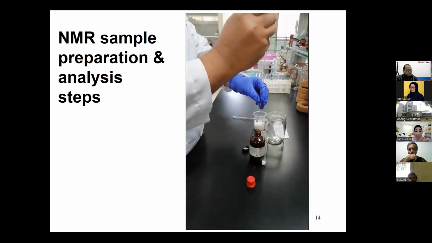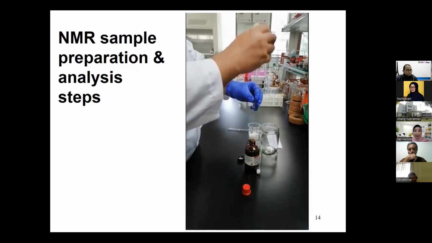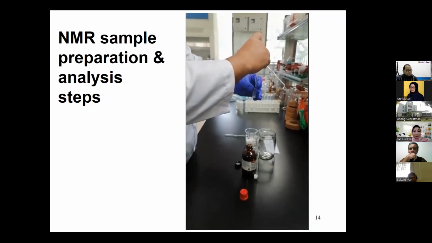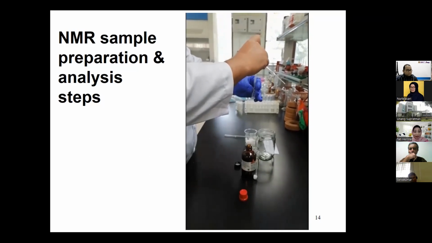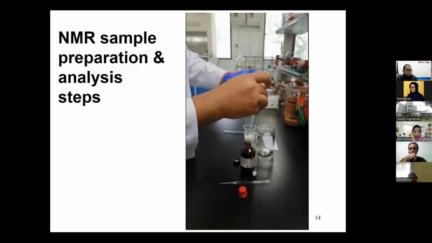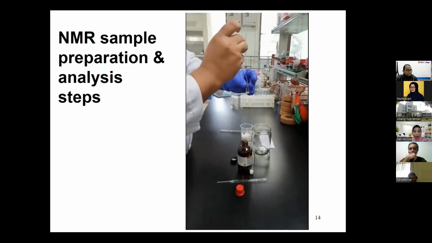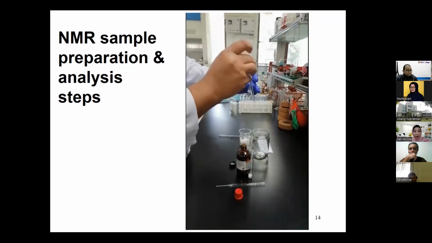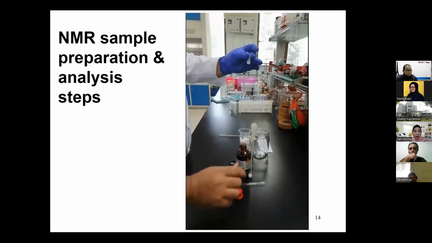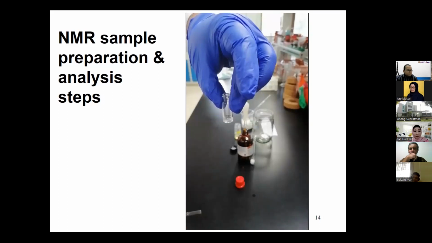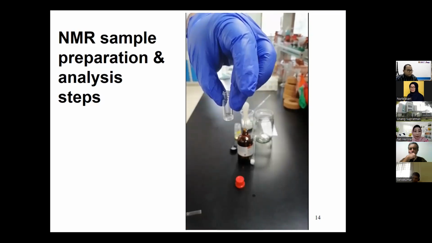Transfer the drops of this one vial and try to make sure the sample dissolves. The sample should be clear, not cloudy, with no precipitate.